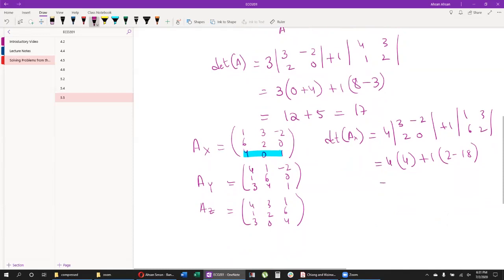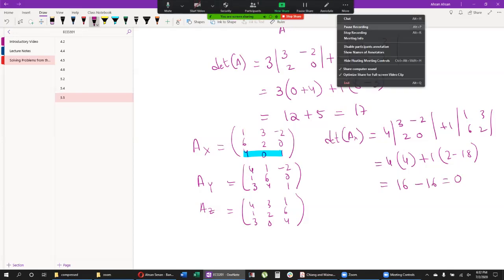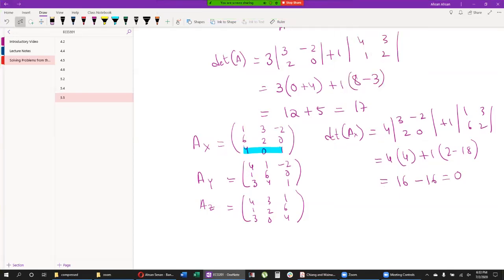Okay, so what this gives us is 16 minus 16 minus 16. So determinant of AX is 0. That's interesting. That's odd, but all right, let's carry on.